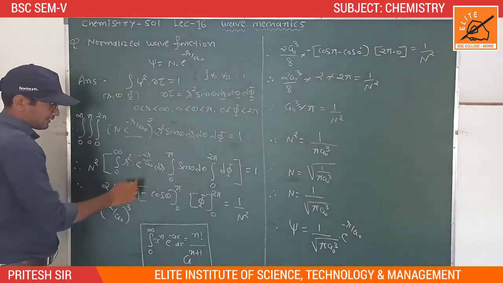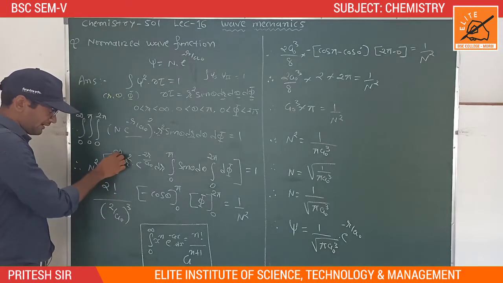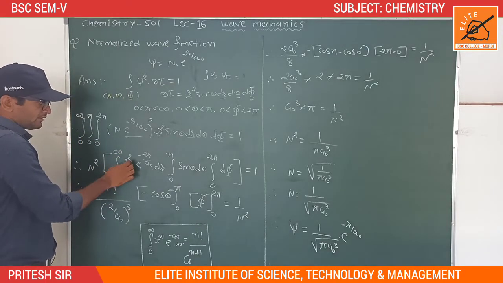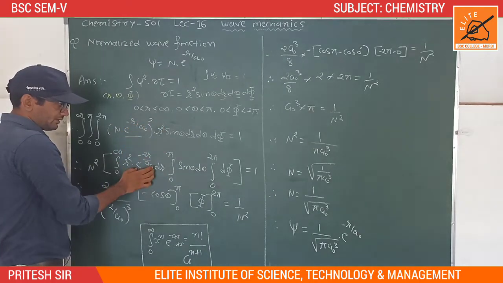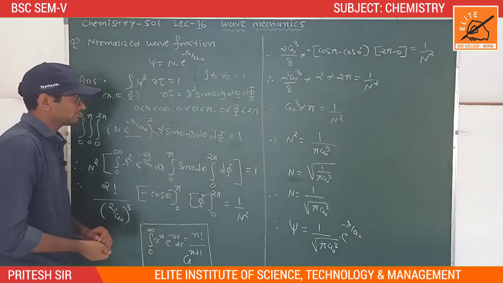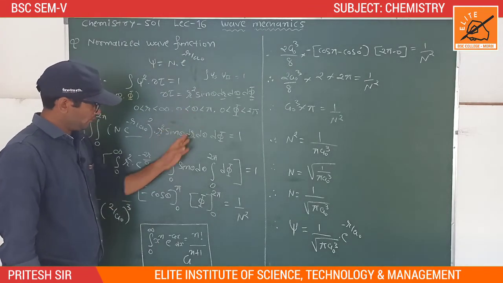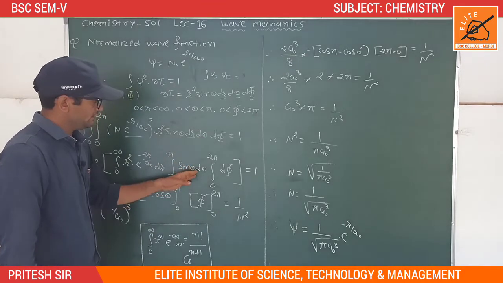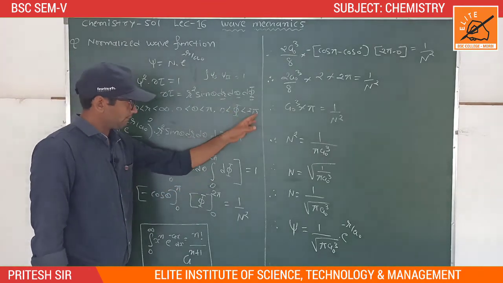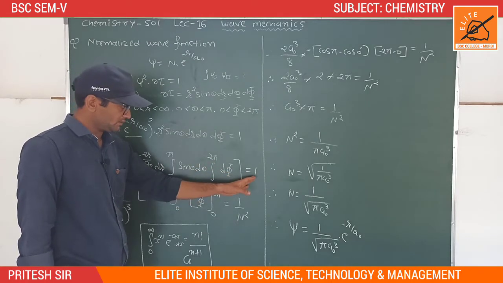I separate all three integrals: 0 to infinity for r of r square e to the power minus 2r upon a0 dr; this term contains the theta variable, 0 to pi sin theta d theta; and 0 to 2 pi d phi; all equal to 1.